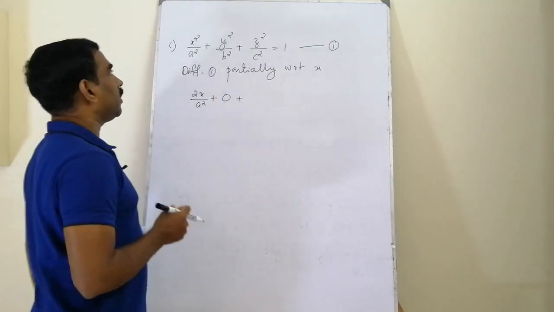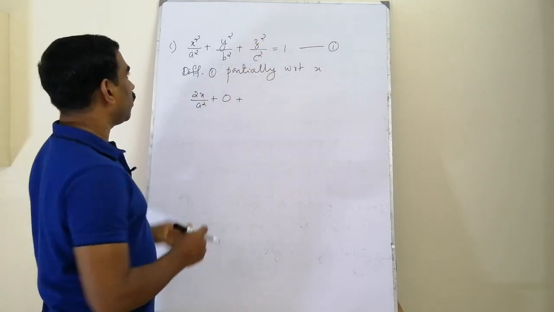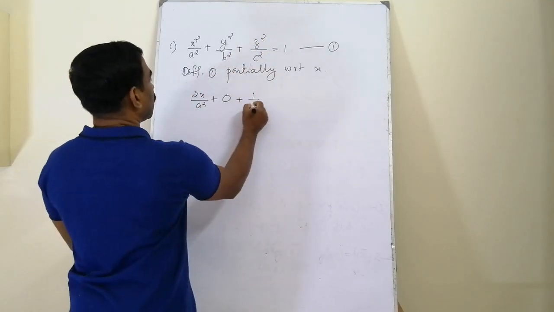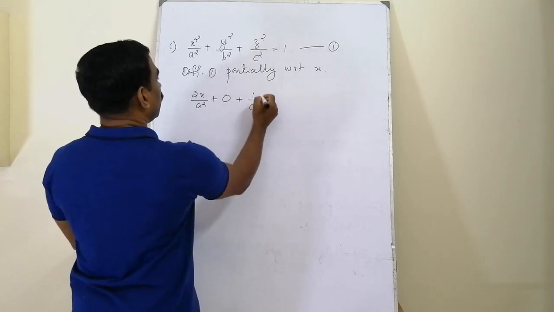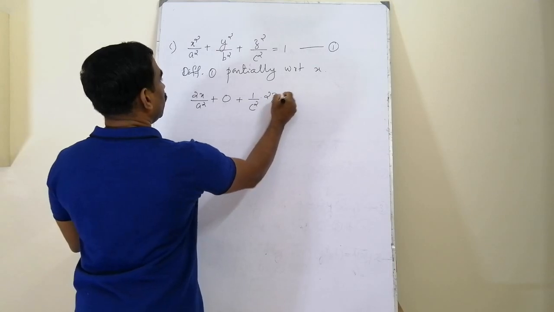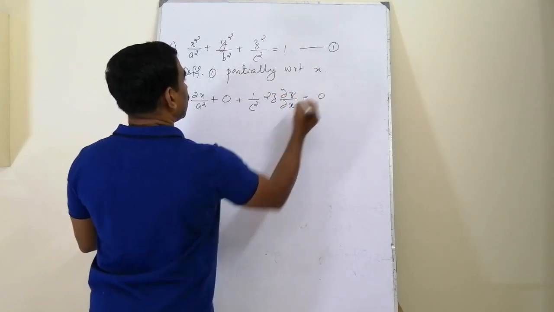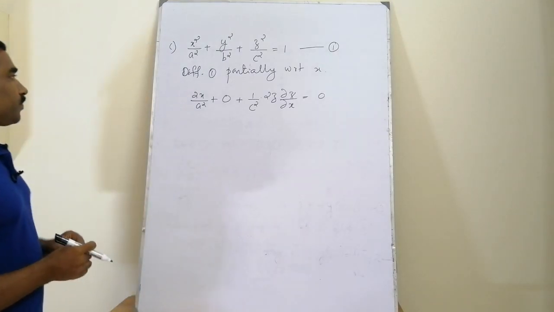But what about the third term? Here z is a function of x and y, so we can apply the chain rule. So first of all, we keep this constant 1 by c square into, what is the derivative of z square with respect to x? That is 2z into dou z by dou x. Okay, and the right hand side derivative is equal to 0.